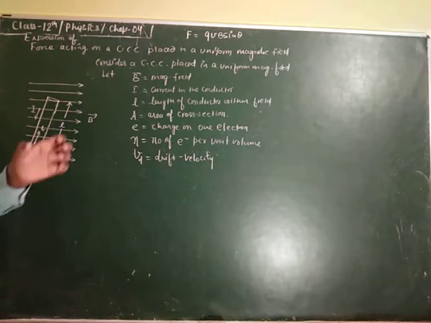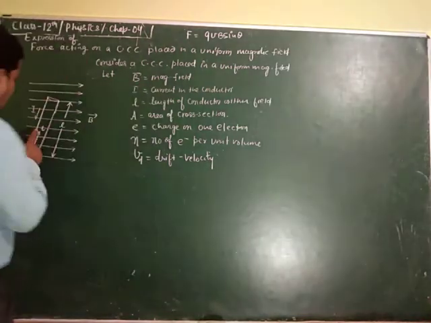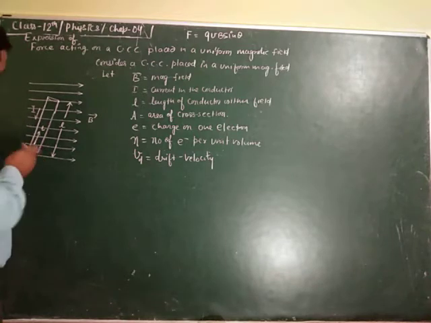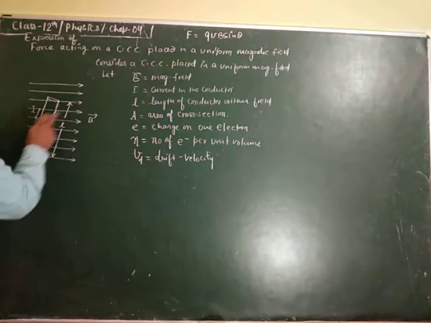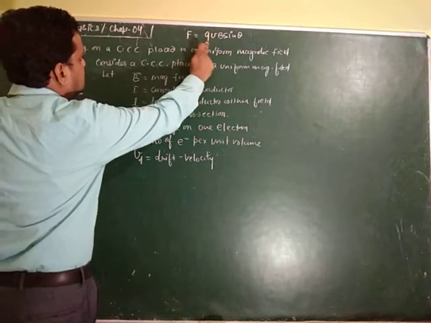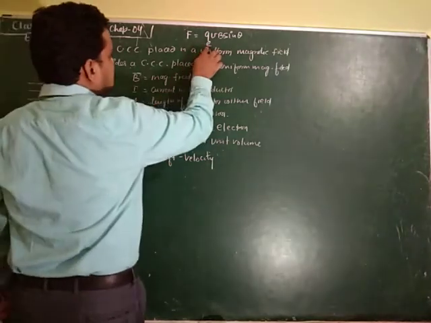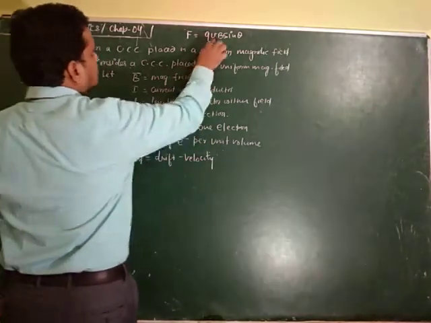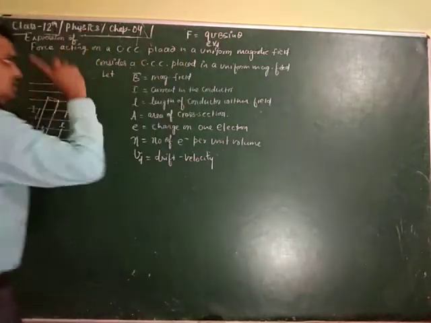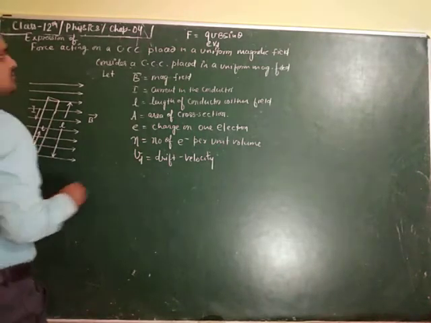There are free electrons inside the conductor. If you consider the electron as a charge, then due to the charge here, we have a force. So if I replace q with e, that is the charge on the electron, this V is the velocity in the general case, but here we will consider Vd because the electron is having the drift velocity.